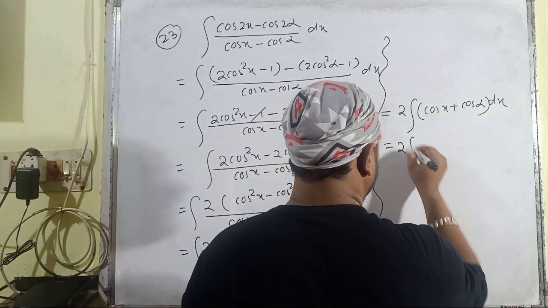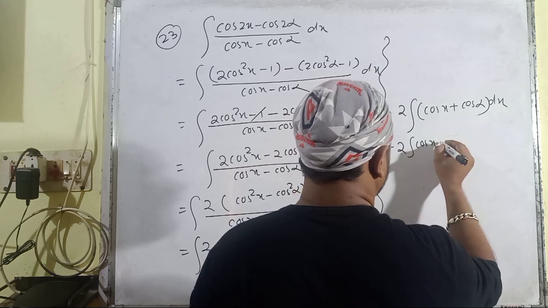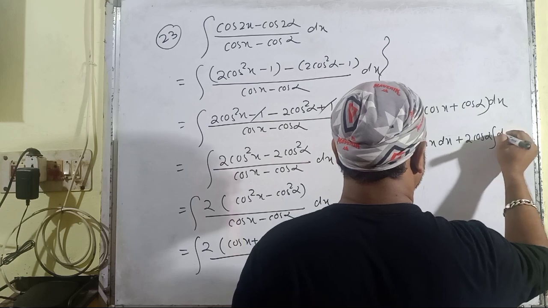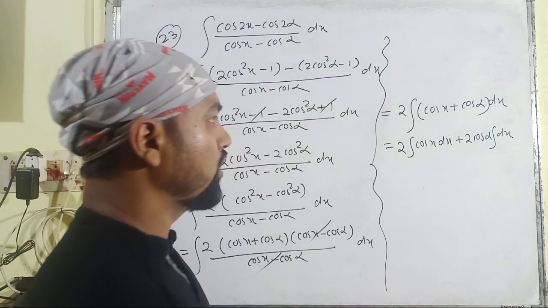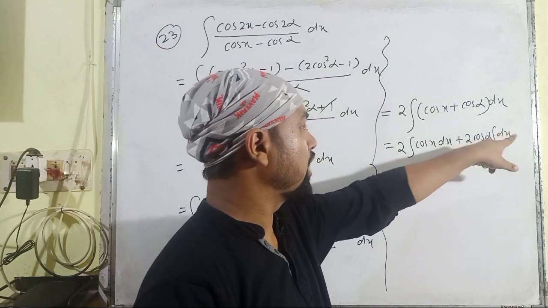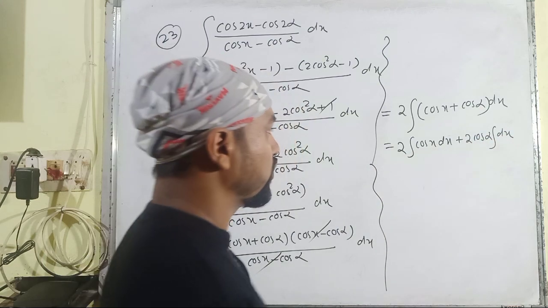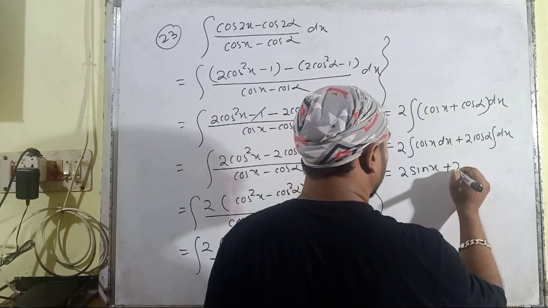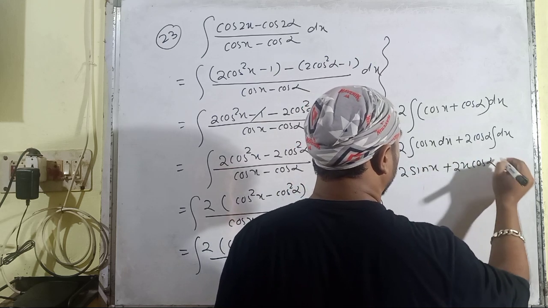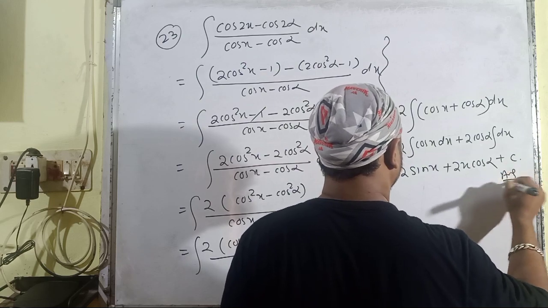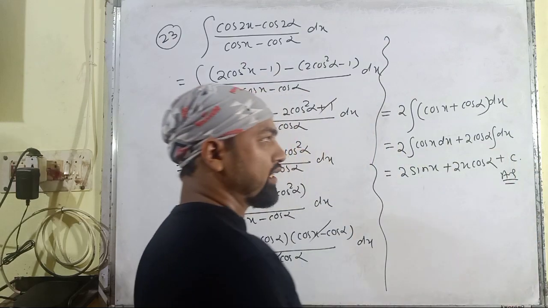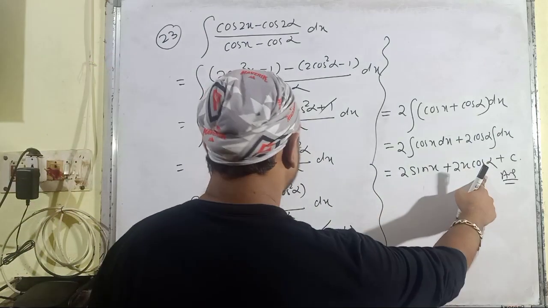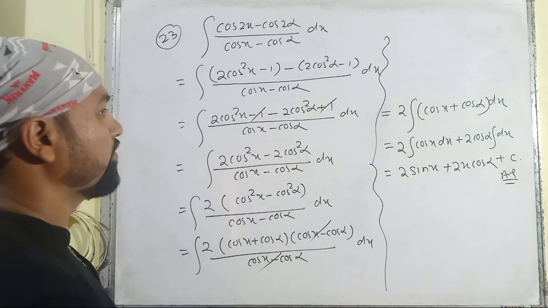Then it is 2 multiplied with the integral of cos x dx plus 2 cos alpha multiplied with the integral of dx, because cos alpha is a constant, so it has to be carried outside of the integration. So it is 2 sin x plus 2x cos alpha plus any constant c. The x is for the integral of dx, which is x. This is the complete answer for problem number 23.